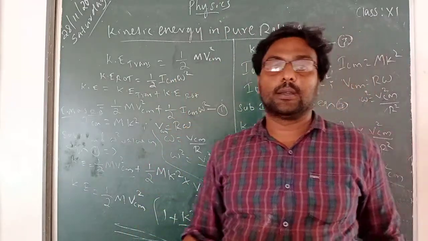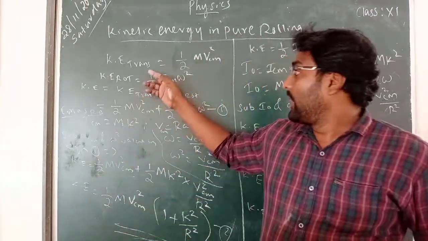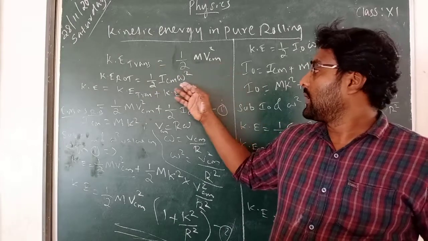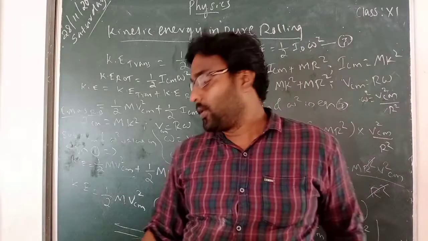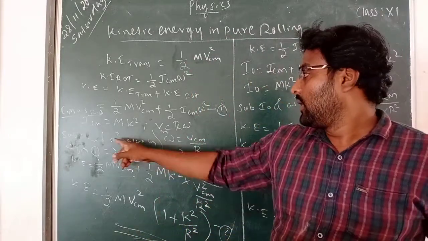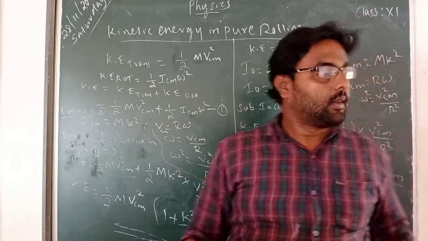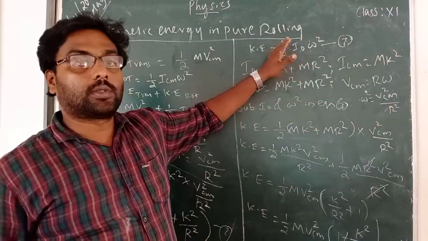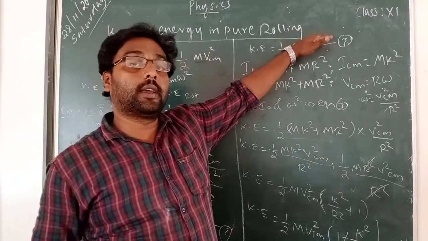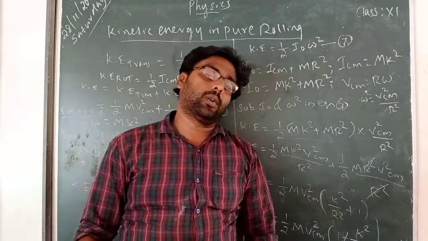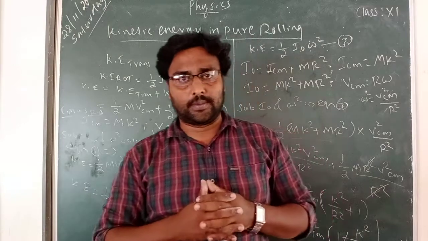You can see on page number 255, kinetic energy in pure rolling. You have to write the kinetic energy in translational motion and in rotational motion, then add the two, take the common term outside, and you will get an equation like this. ICM value, VCM, you can find out this manner. The same way, here we have taken the center of mass as reference point, and here we have taken the point of contact as reference point. We will get the same equation and we can give that conclusion.